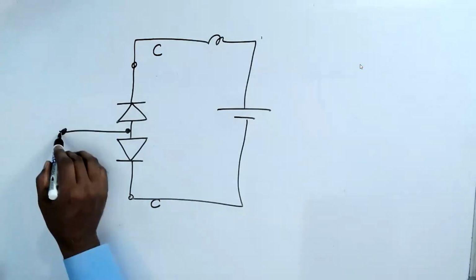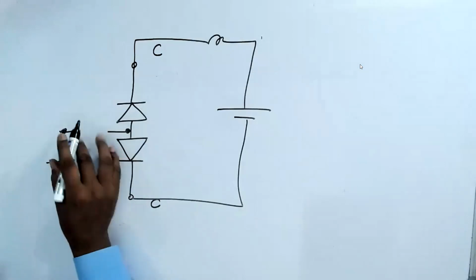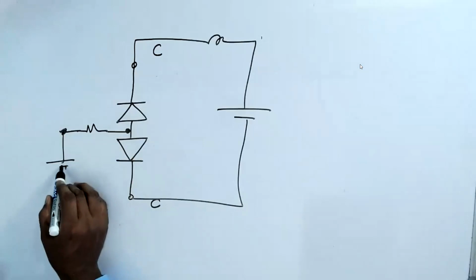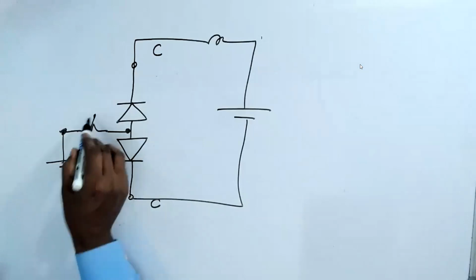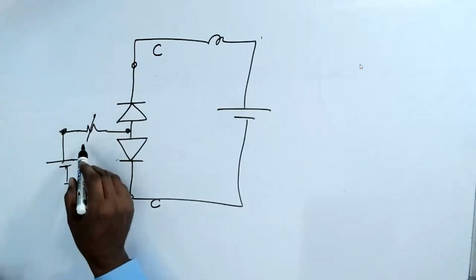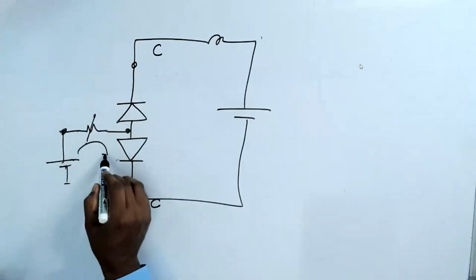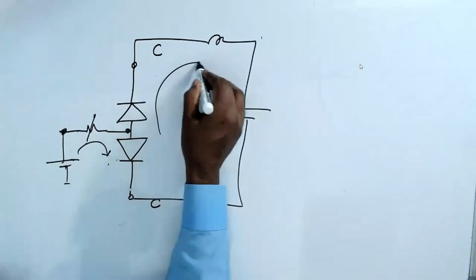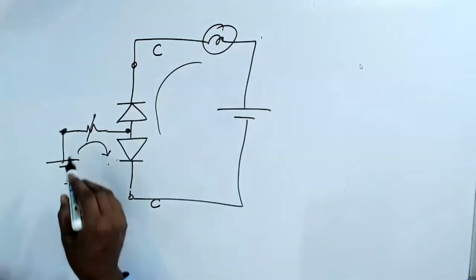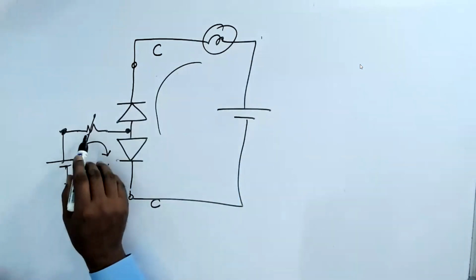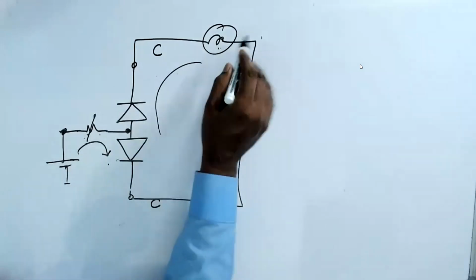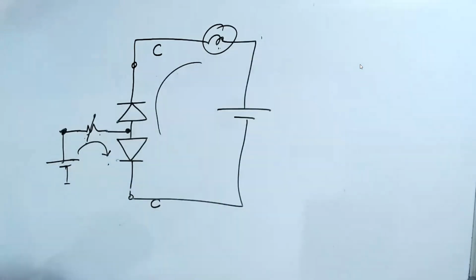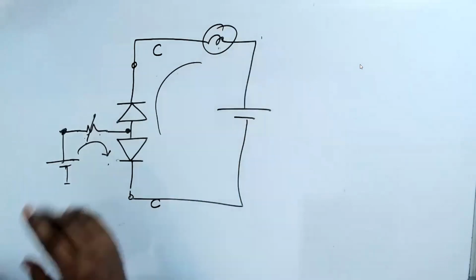When I increase the voltage here, I change this variable resistor, then the current changes. Because of the current changing, the bulb becomes brighter. At one point, it goes to the maximum. You cannot go beyond that. That's the bulb resistance.